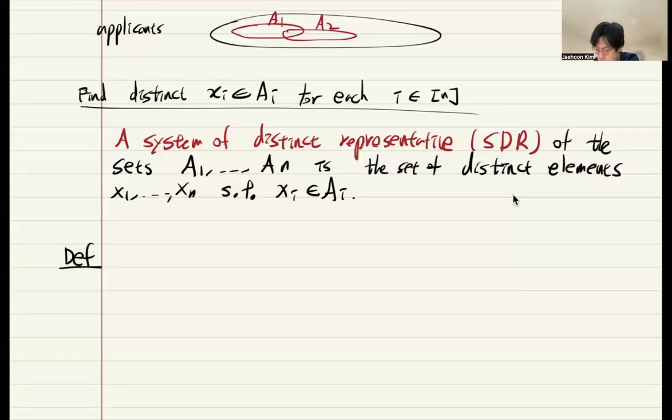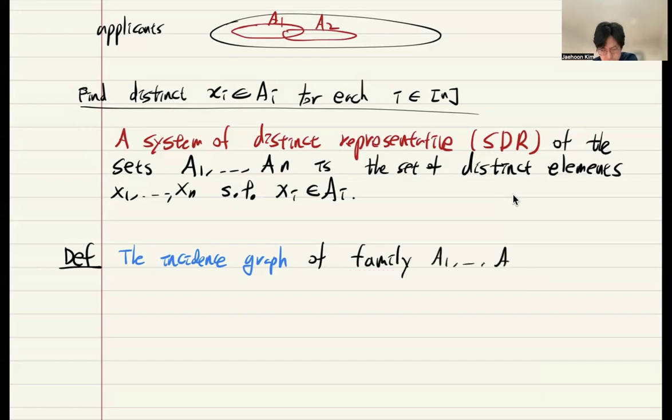The incidence graph of this family of sets An is defined to have the vertex set as the partite set.